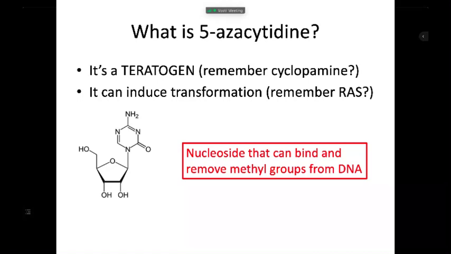Remember, activated RAS, the mutant oncogene, which can make cells proliferate in an uncontrolled fashion. What does 5-azacitidine do? Well, it's a nucleoside, which means it's made of a sugar and a nitrogen containing ring, and this can bind and remove methyl groups from DNA.